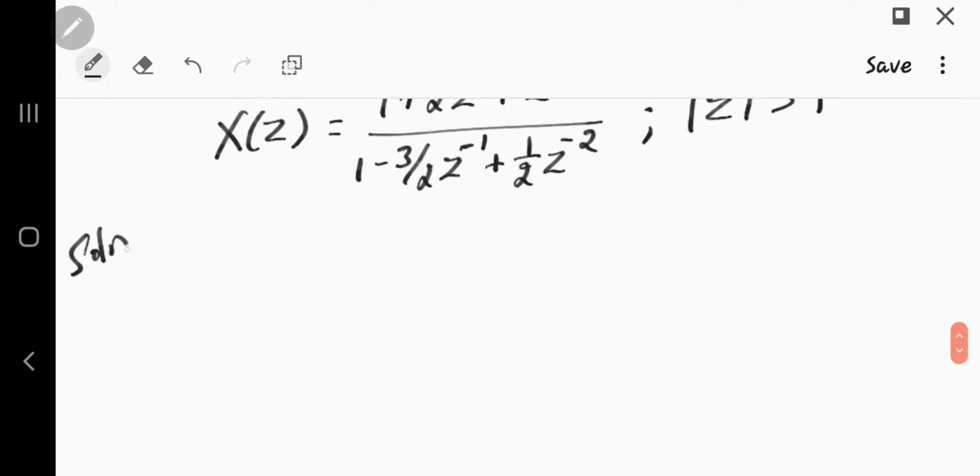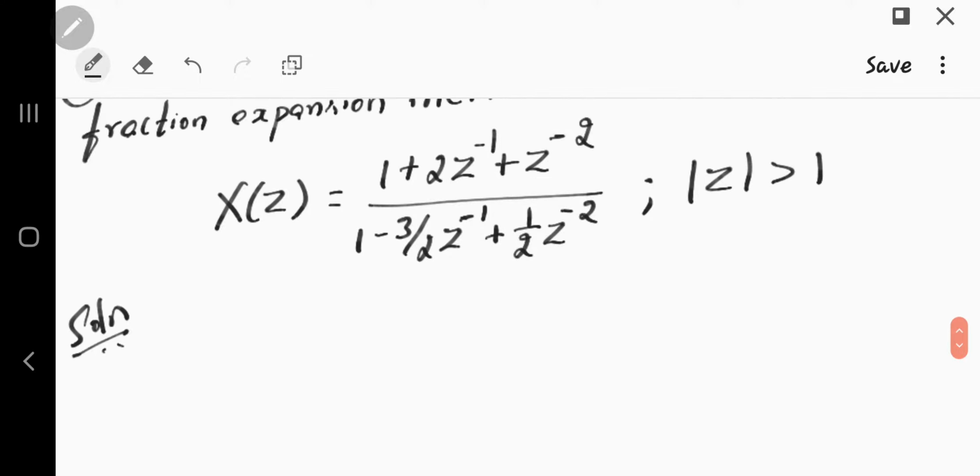Now if you observe, both the numerator and denominator are having equal powers, and if you want to apply partial fraction expansion, the numerator power should be less than the denominator.